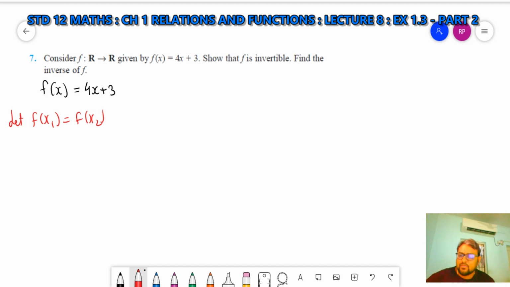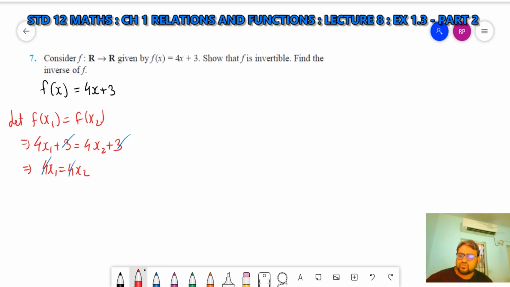So what does that imply? 4x1 + 3 = 4x2 + 3. The 3 will get cancelled. So 4x1 will be equal to 4x2, and the 4 will also get cancelled.